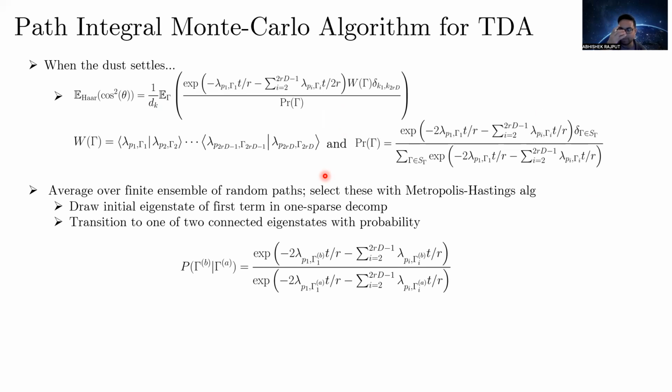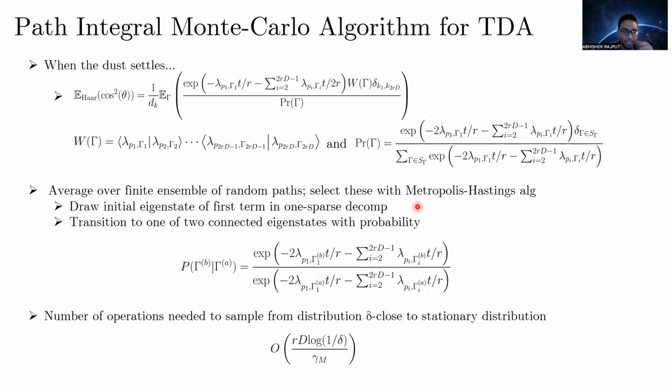The reason it's 2 is because you can prove mathematically that one-sparse matrices have at most 2 non-zero eigenvectors overlapping, so there are at most 2 ways that the inner products in this W gamma term can be non-zero. And the probability of transitioning to one of the 2 connected eigenstates is proportional to this. So these are your transition probabilities for your Markov chain that you want to sample from using the Metropolis-Hastings algorithm.